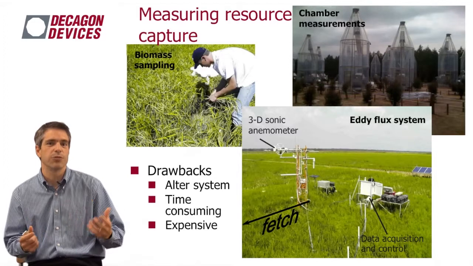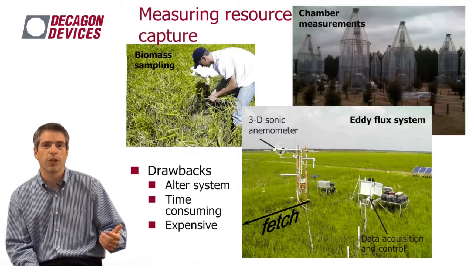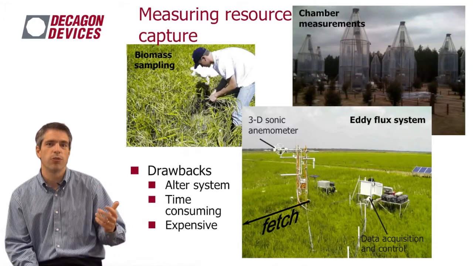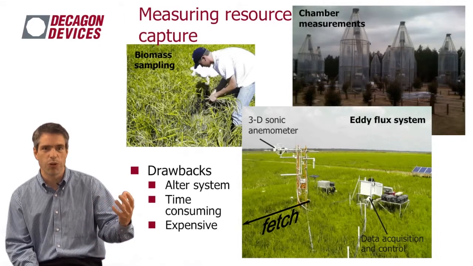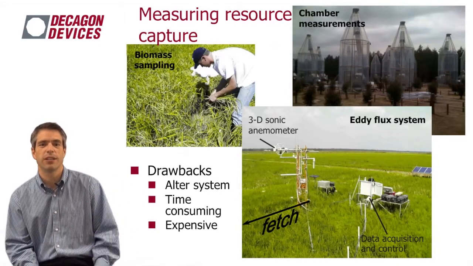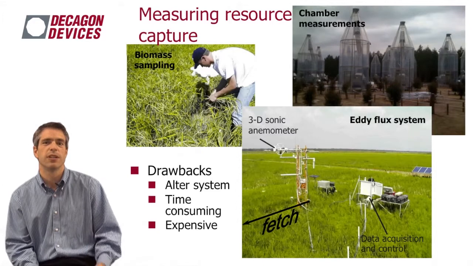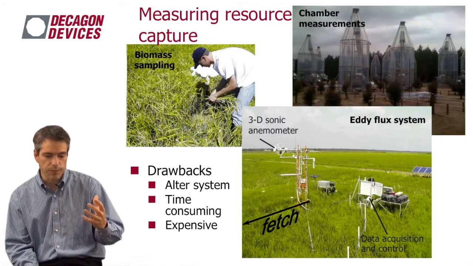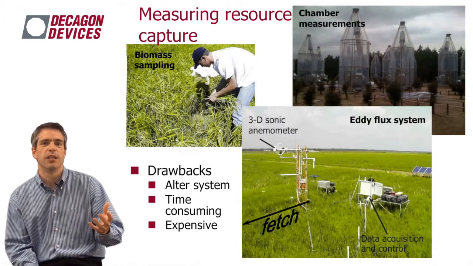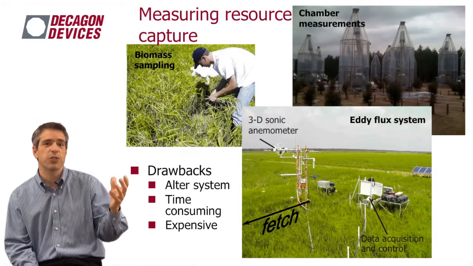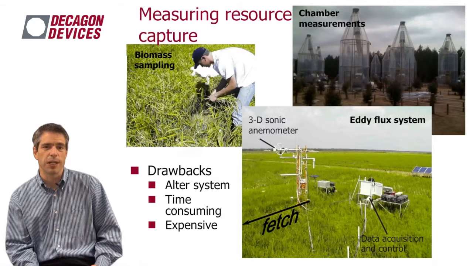Once we collected all that, we'd take it back to the lab. We'd weigh it, allow it to dry, weigh it again, and we get the dry matter of the plants. That way, we were sampling directly the biomass.